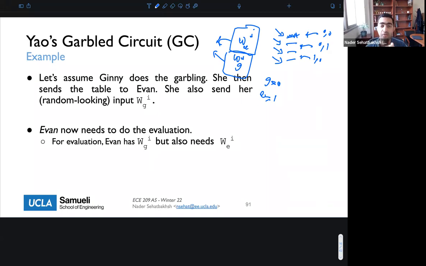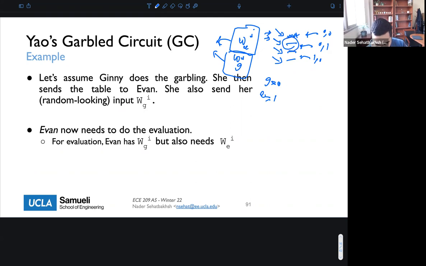So if Eve has access to those 2 keys, he can decrypt the value that he wants. And the beauty of this is that these 2 keys only apply to one of these 4 lines. By knowing these 2 keys, Eve cannot decrypt the other lines.